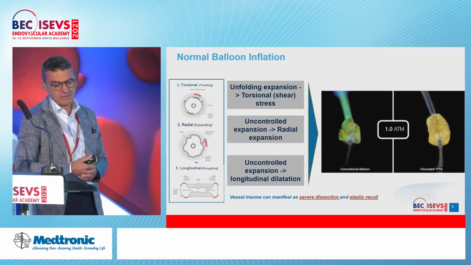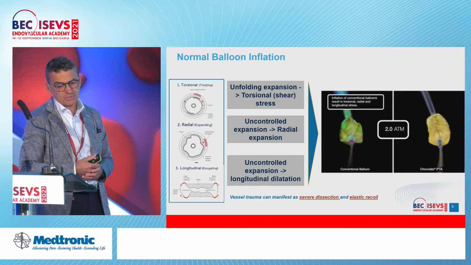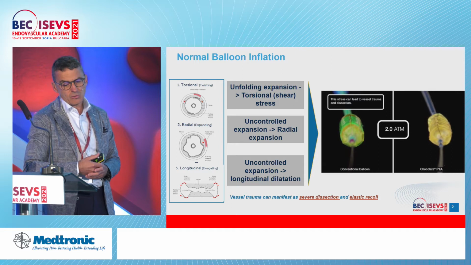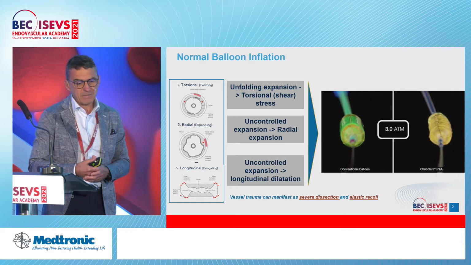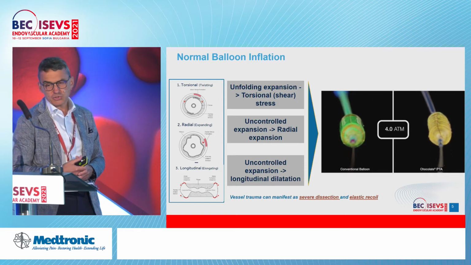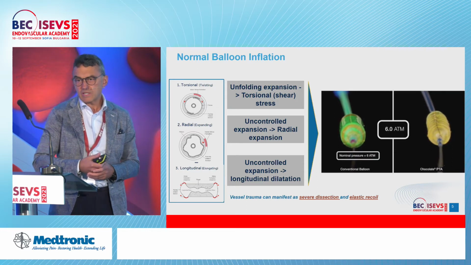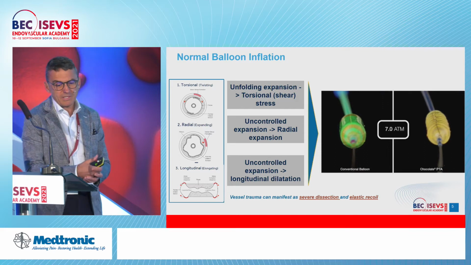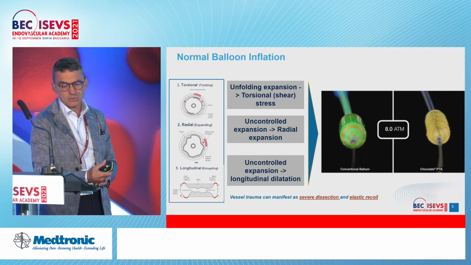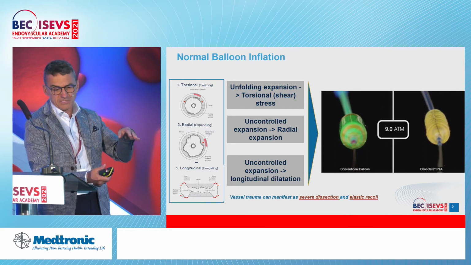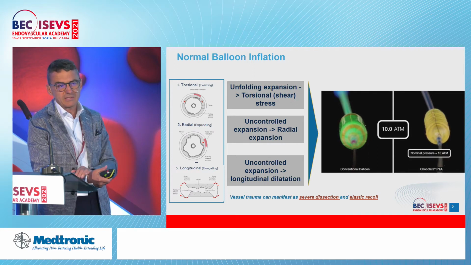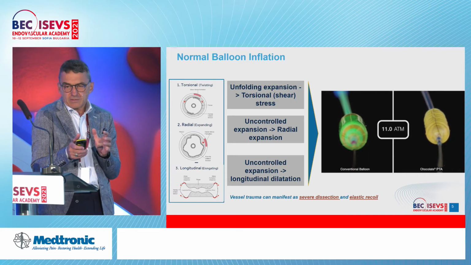One of the next strategies is shown here. This is the so-called chocolate balloon. Many people think of the chocolate balloon as a scoring balloon. In fact, it's not. Why not? Because the nitinol wire is not outside, on the surface of the balloon, but inside. It is in fact containing the pressure.